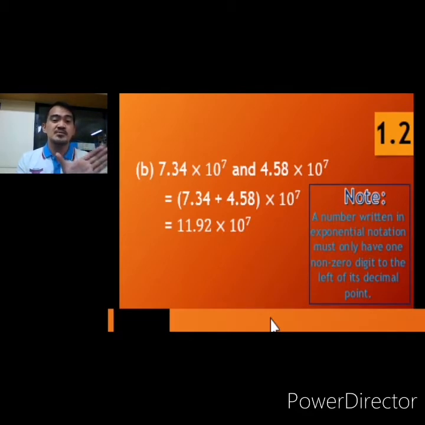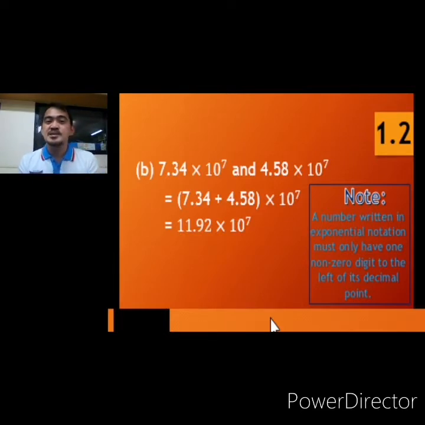If you divide 11.92 by 10, the answer is 1.192. But if you're going to do that, you have to look at the power of your base 10. What will happen to the power of base 10 if you divide 11.92 by 10, or if you move your decimal point one place to the left?